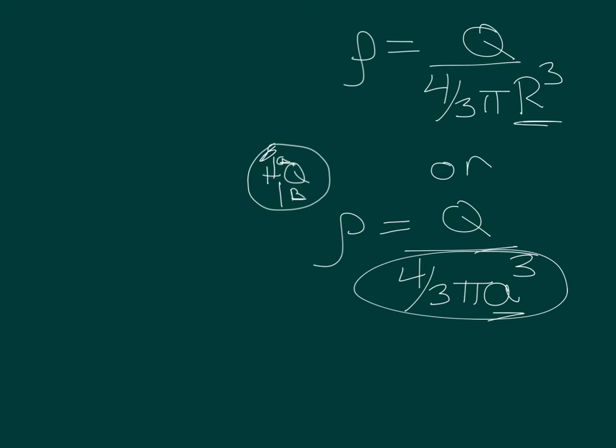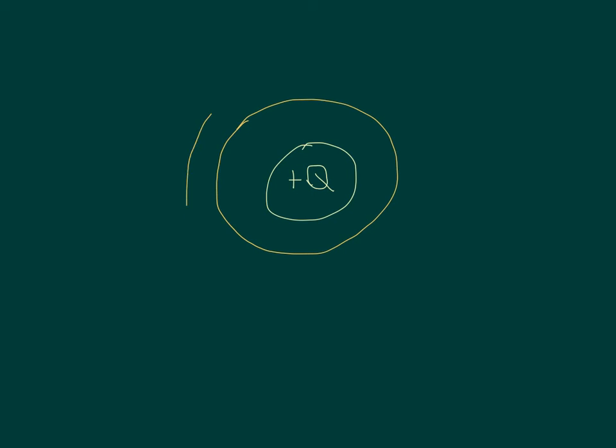So that's interesting enough, but now let's look at something a little bit different. I'm going to go ahead and clear the screen again. And in this one, we're not really going to calculate anything, but I want to look at what happens when you have a sphere of plus Q, and then you have a shell surrounding it, and that shell is maybe minus Q. And these are both going to be conducting surfaces.